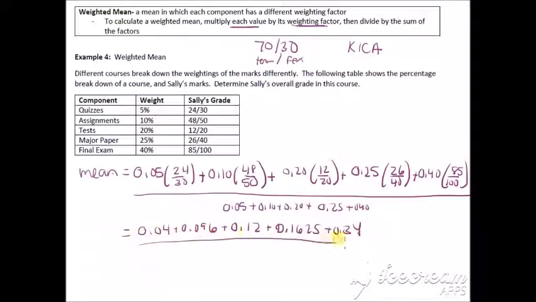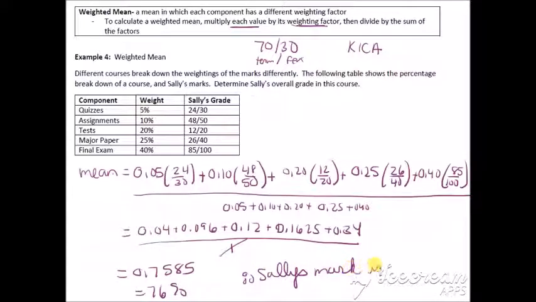And now this is all over 1, since this adds up to 1, so you can just ignore that. So her mark is approximately 76%, and that's based on weightings. Of course her final exam was 85, but she can't go around and say, oh, I have 85%, because on the assignment she got higher, and on the test she got 60%, right? So it's all weighted differently.